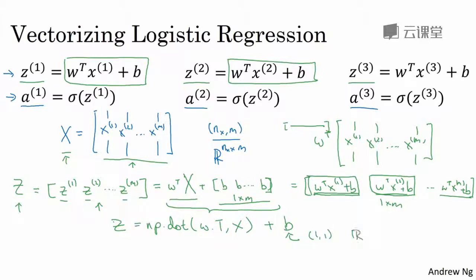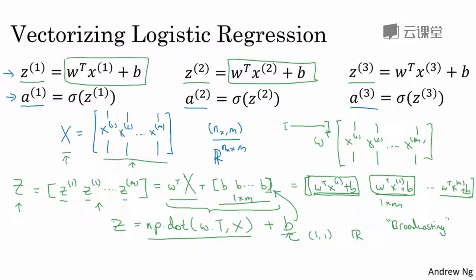So it's just a normal real number. But when you add this vector to this real number, Python automatically takes this real number b and expands it out to this 1-by-m row vector. So in case this operation seems a little bit mysterious, this is called broadcasting in Python, and you don't have to worry about it for now. We'll talk about it some more in the next video.